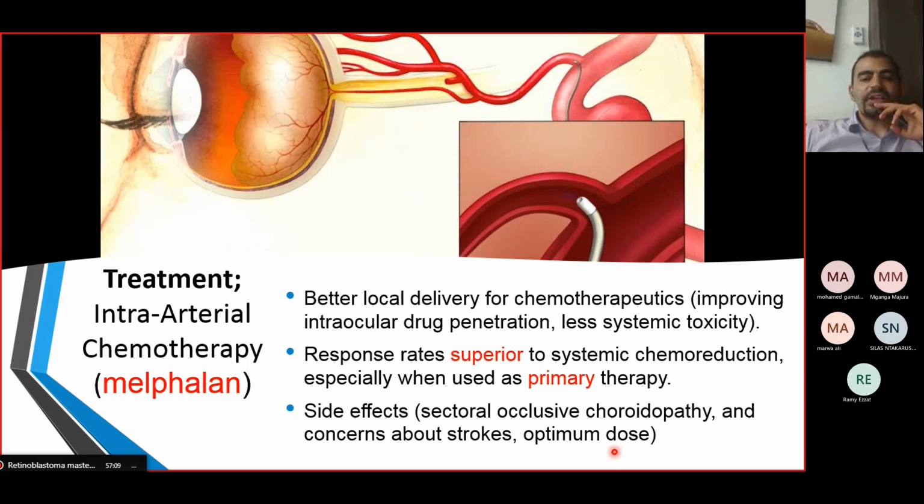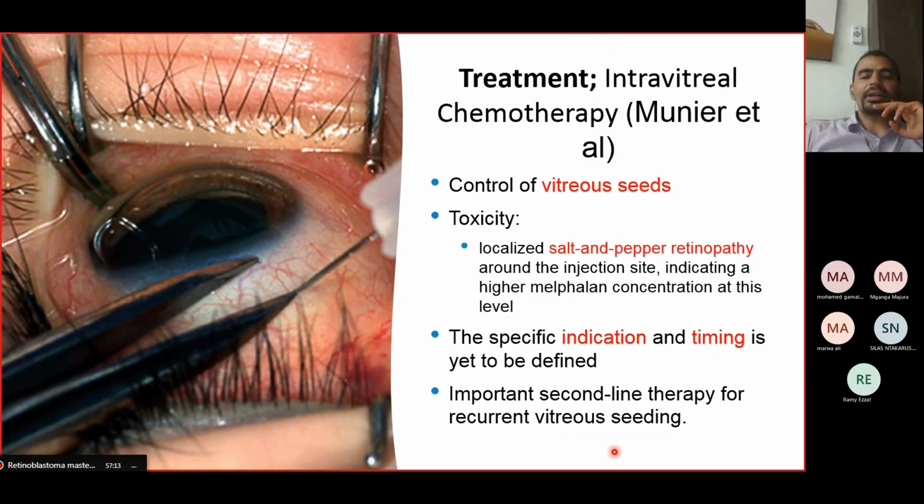The intravitreal chemotherapy, it's done primarily for the vitreous seeds. So as we mentioned, in endophytic tumor, they are characterized by formation of vitreous seeds. If you do systemic chemotherapy, it will go through the blood, but it will not penetrate with sufficient concentration to the vitreous cavity. So the best thing to do with those vitreous seeds is to give intravitreal chemotherapy or to give external beam irradiation.